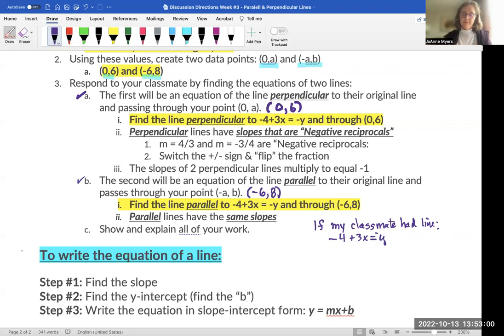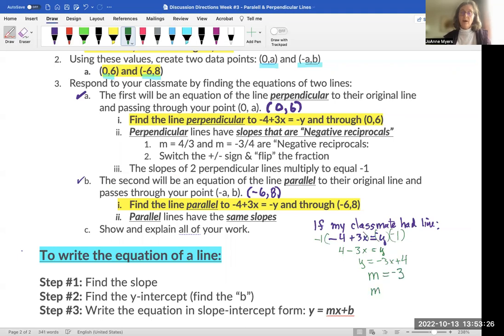So again, I multiplied both sides by -1. So I'd have a +4 minus 3x equals a +y. And so if y equals -3x plus 4, then the slope of this green line here is -3.